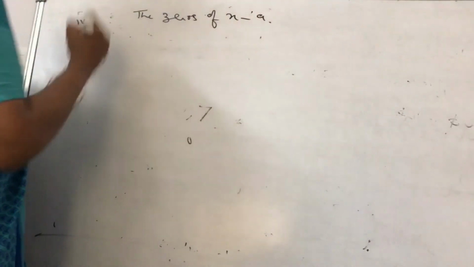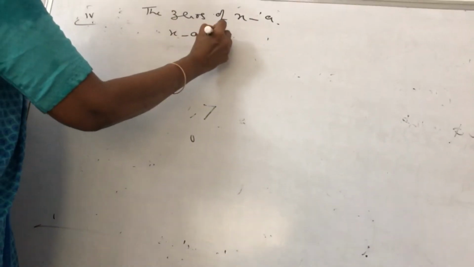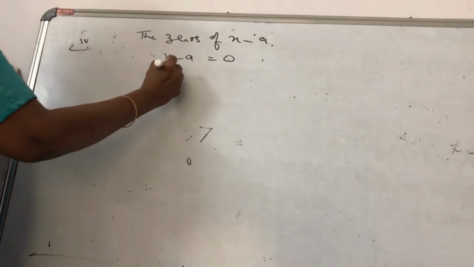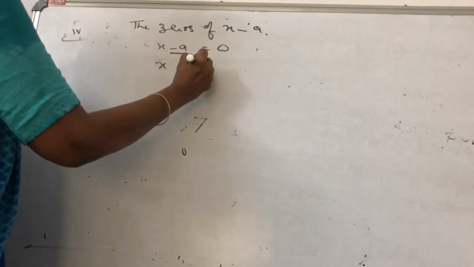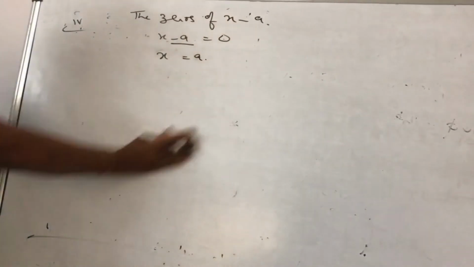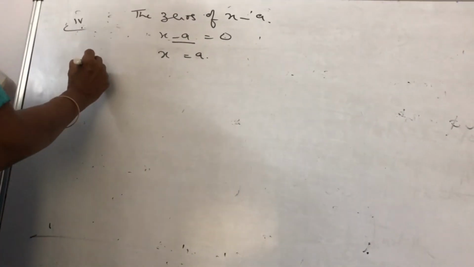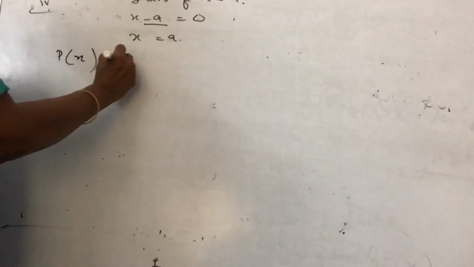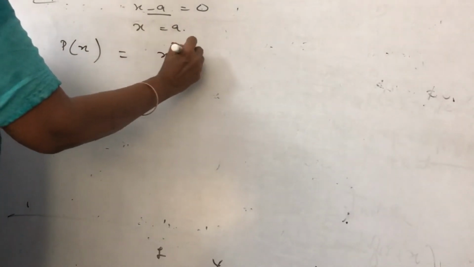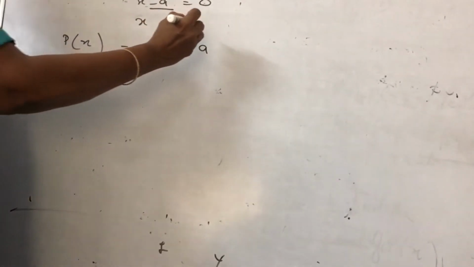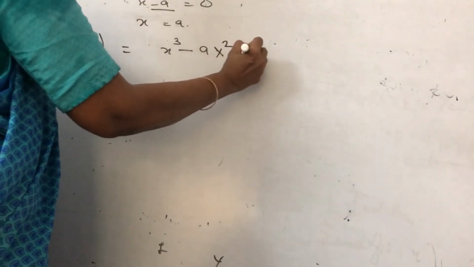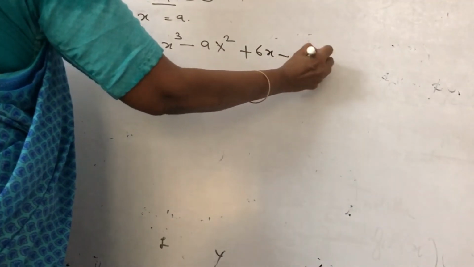So find the zeros of x minus a. x minus a is equal to 0. Minus a when it goes to the right side, what does it become? Plus a. And what is your polynomial, children? P of x is equal to x cube minus ax squared plus 6x minus a.